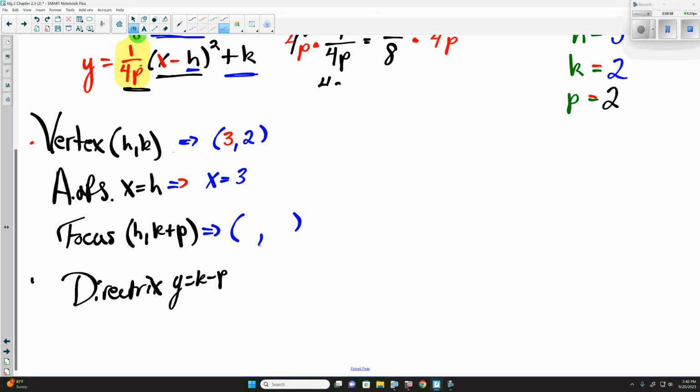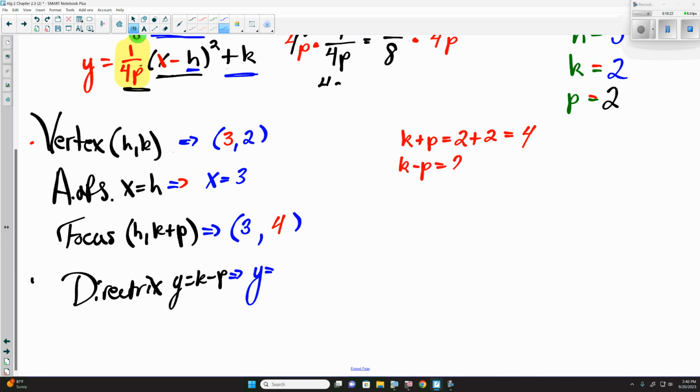Now the focus is h comma k plus p. Well, h is still 3, but we do need to calculate k plus p. K is 2, p is 2, and 2 plus 2 is. And lastly is the directrix, y equals k minus p.